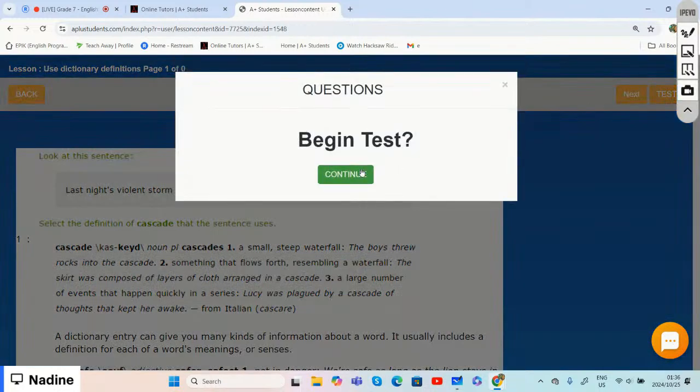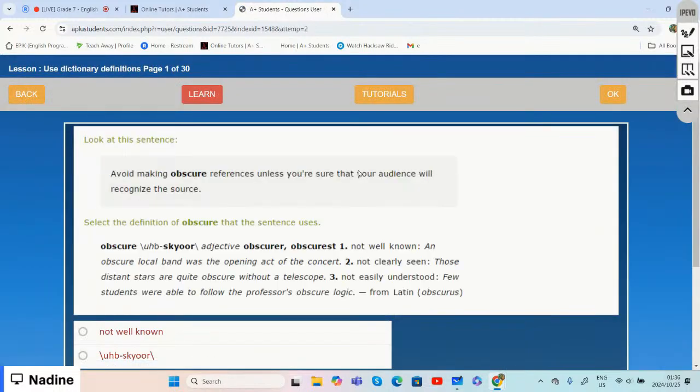So now we're going to our test where we're going to use dictionary entries. It says, look at the sentence, obscure. It's an adjective.